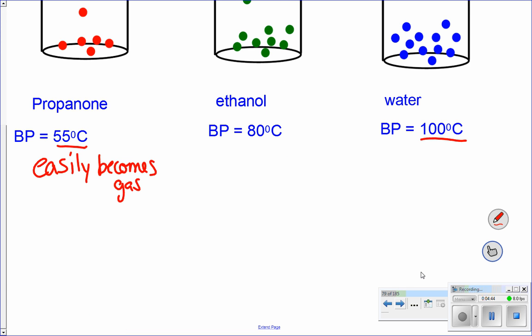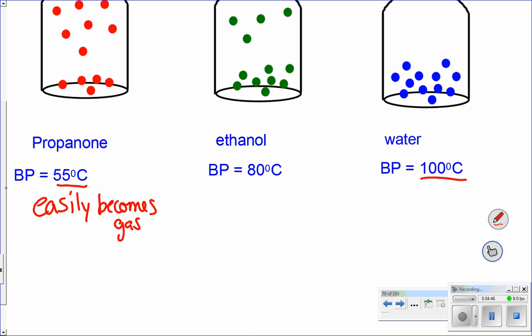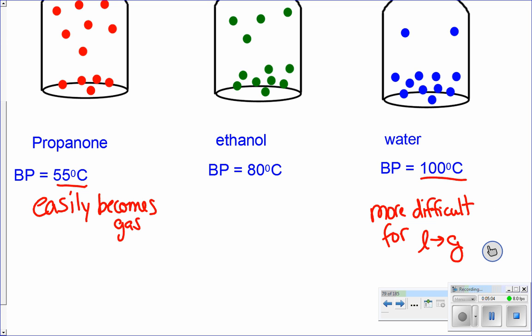When we look at our water sample, it's relatively difficult for water to become a gas. Because it's more difficult, we're going to have comparatively few particles in the gaseous stage, and therefore lower vapor pressure.